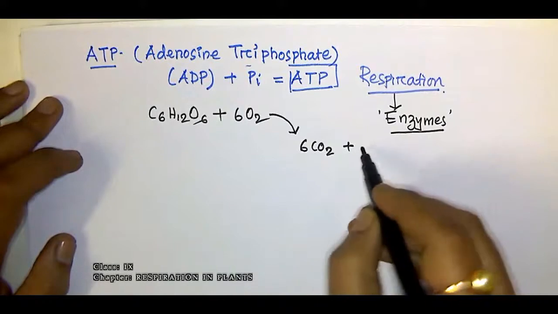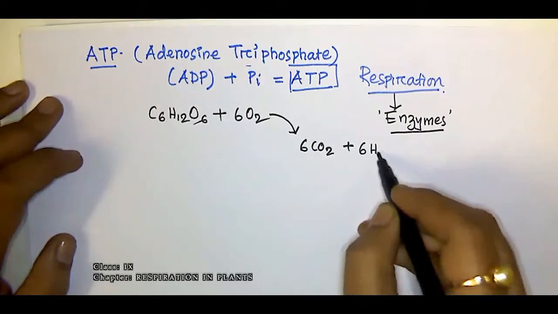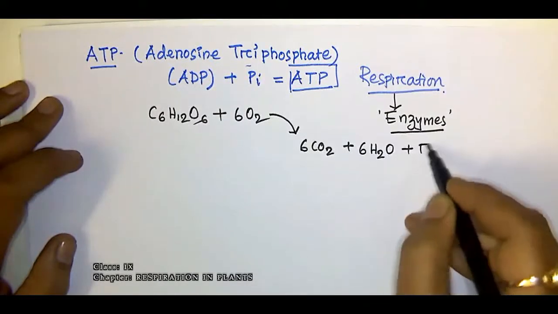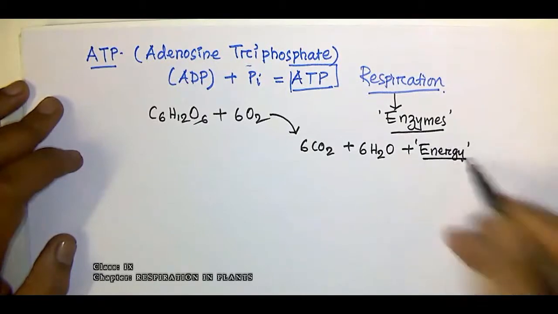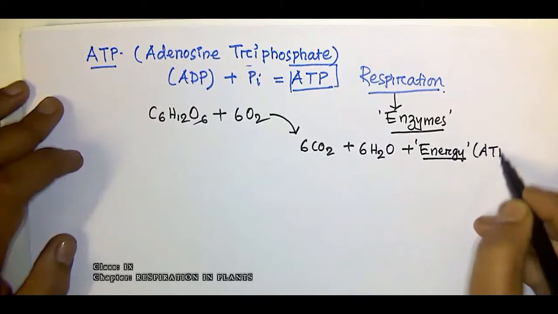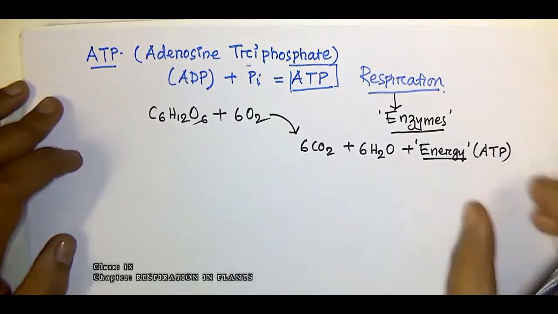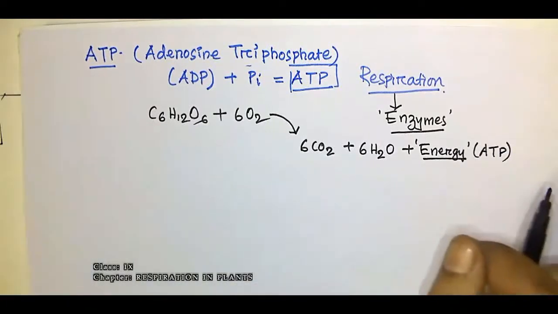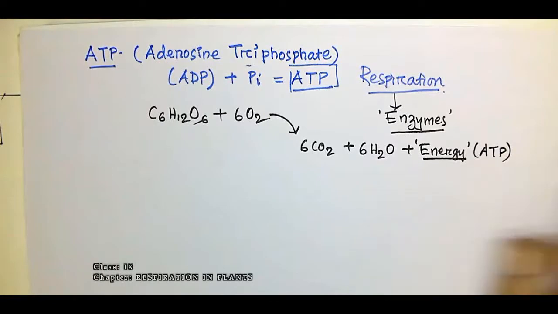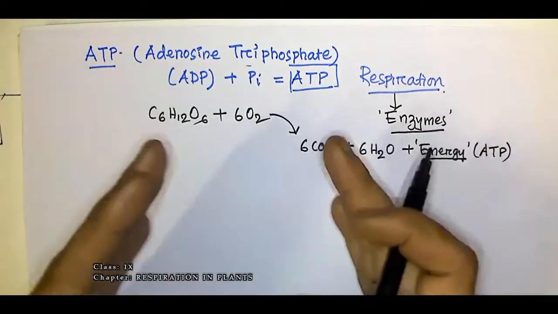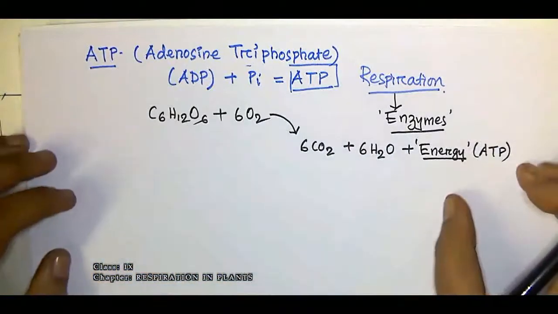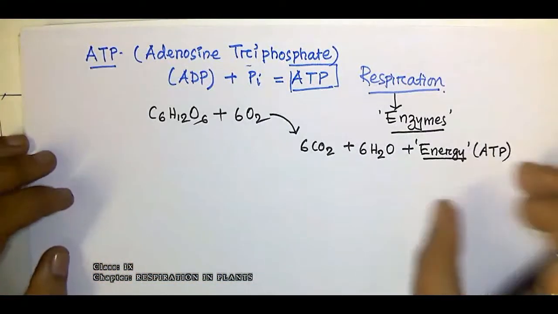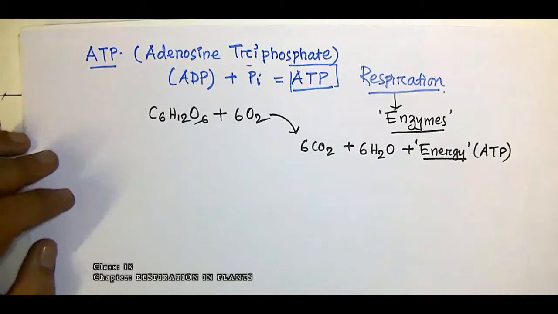They release 6 molecules of water. Along with this, energy is released, and this is the energy which is to be stored in the form of ATP. Some of the energy is always lost in the form of heat, right? Because not all the energy in this catabolic process can be captured to synthesize ATP. Some of it is lost in the form of heat.